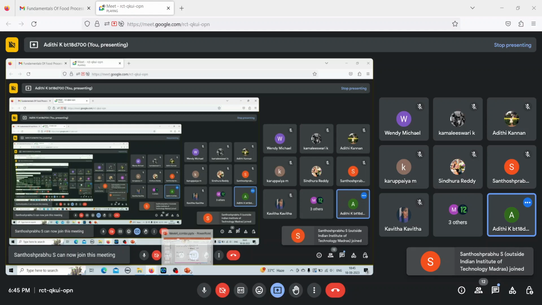And the thickness of the tube can be calculated as the outer diameter minus inner diameter, which is 0.02 meter minus 0.018 meter, because this is already given here, 18 millimeter and 20 millimeter.